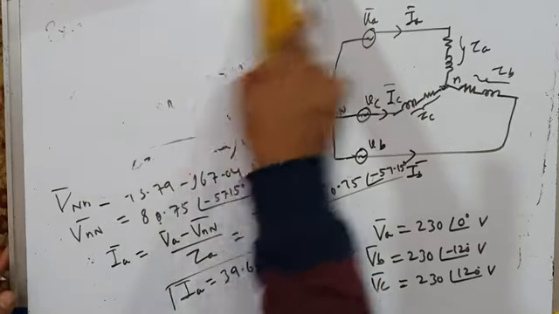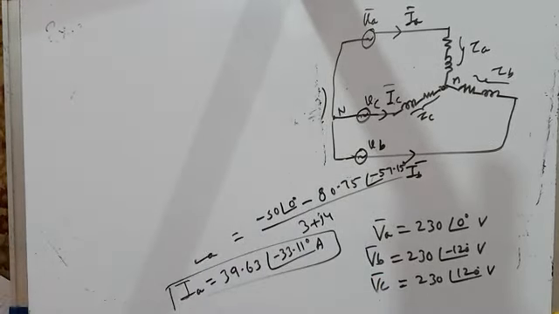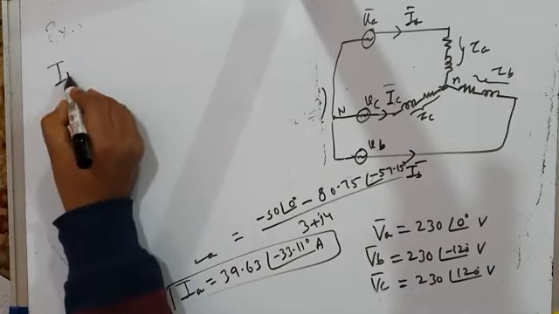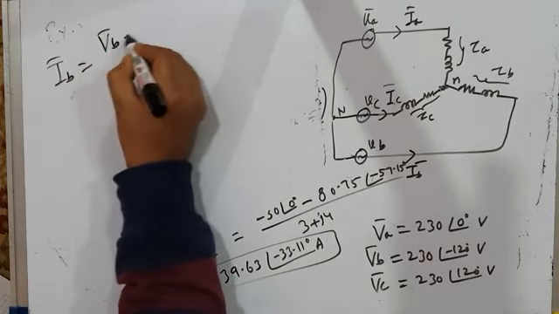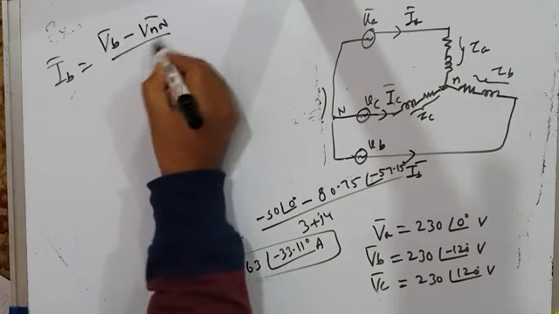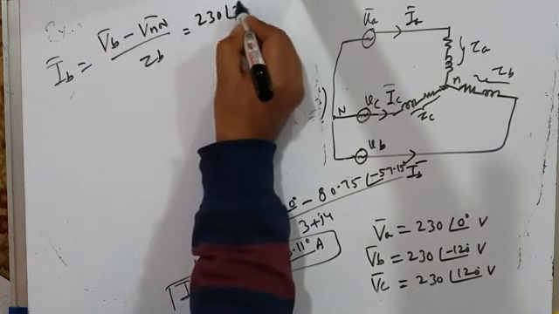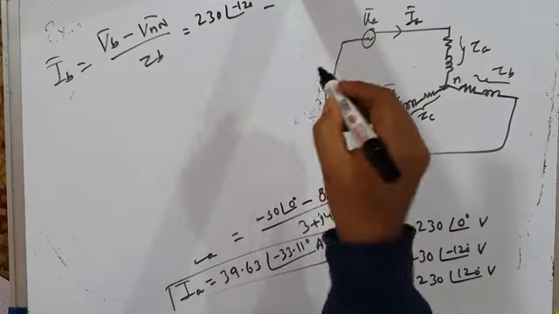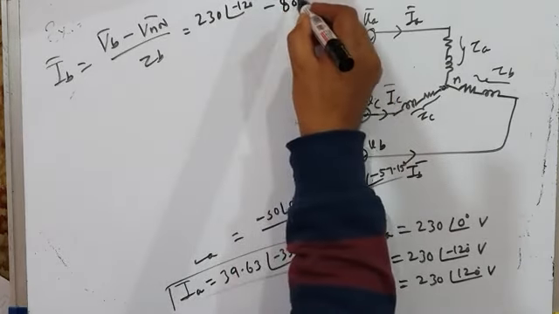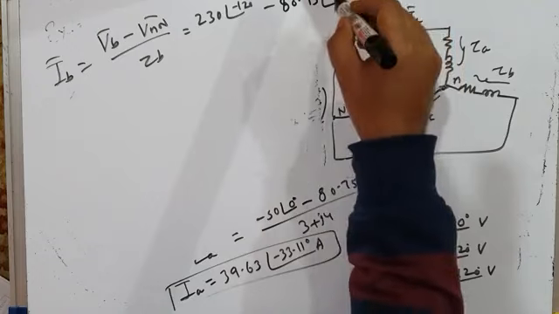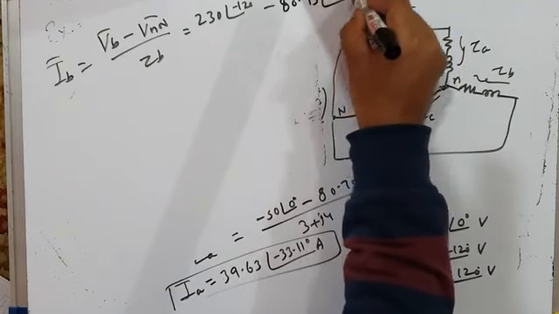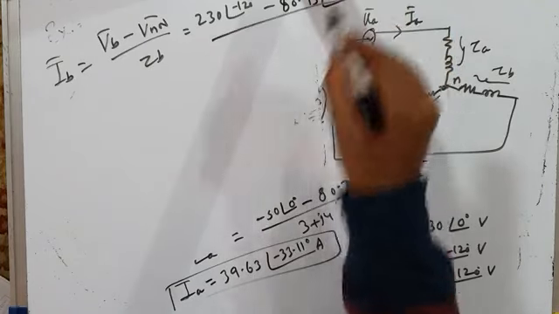In a similar way, you can find IB and IC. IB is (VB minus VNN) by ZB. VB is 230 at an angle of minus 120 degrees, minus VNN, which is 80.75 at an angle of minus 57.15 degrees, by ZB.